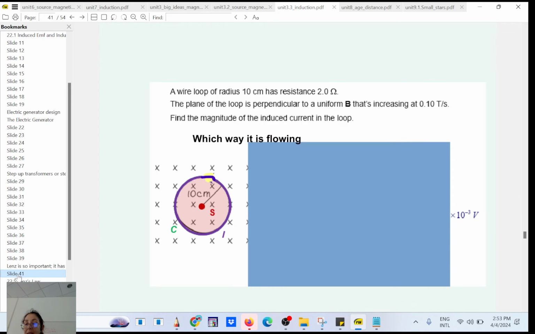Okay, so let's try to work this one. It's a nice review. And in addition to that, you need to know which way the induced current is going to flow. It's a nice review. So now we are working for the final. Time goes too fast.